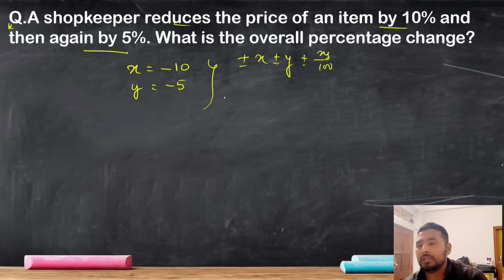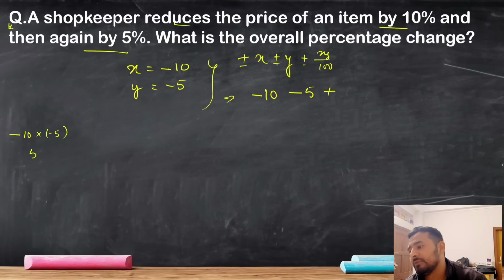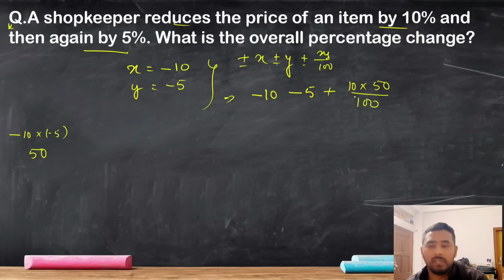Put minus 10 minus 5. Now this will come plus. Remember, when you multiply two negative integers, minus 10 into minus 5, you'll get a positive number, 50. So you can write 50 by 100. Clear? Cancel the zeros.